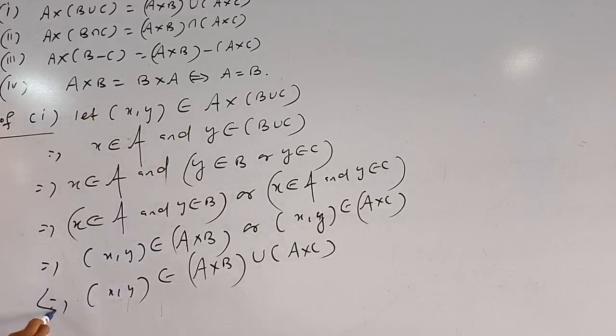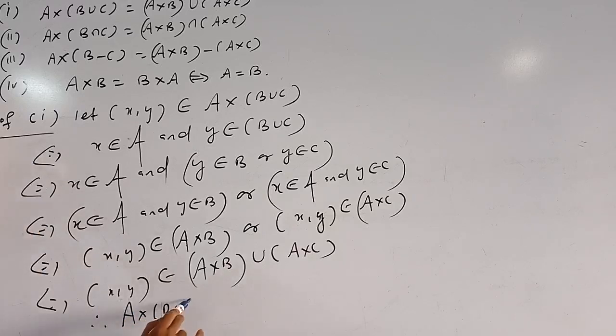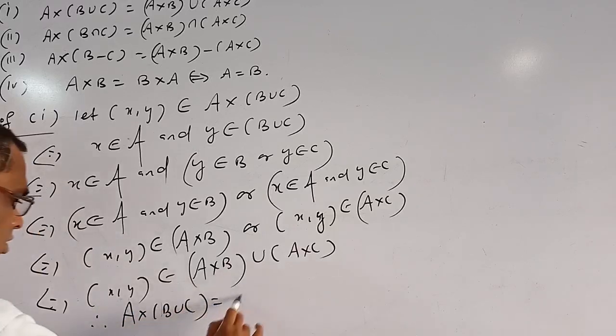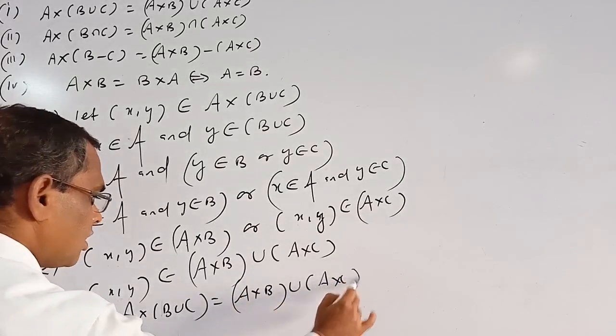So we take the reverse. Double implication is there. Therefore, A cross (B union C) is equal to (A cross B) union (A cross C). Okay. Similarly, we prove the second thing also.